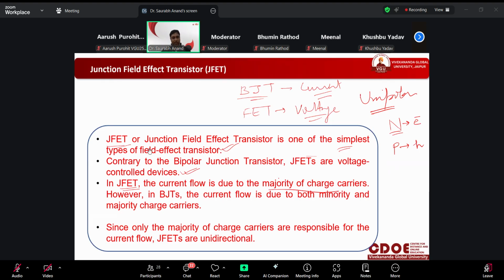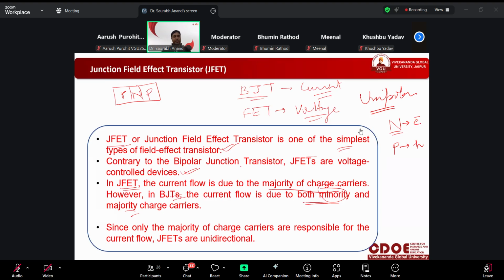But in case of BJT, the current flow is due to both minority as well as majority carriers, because there was a PN junction. So there was leakage current also, which flows due to minority charge carriers.